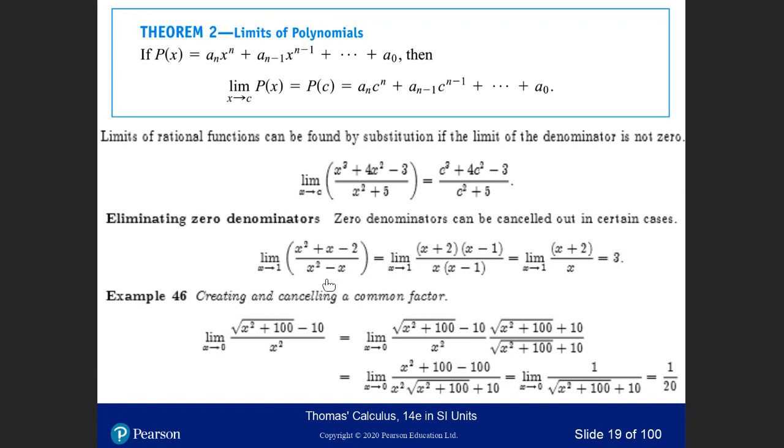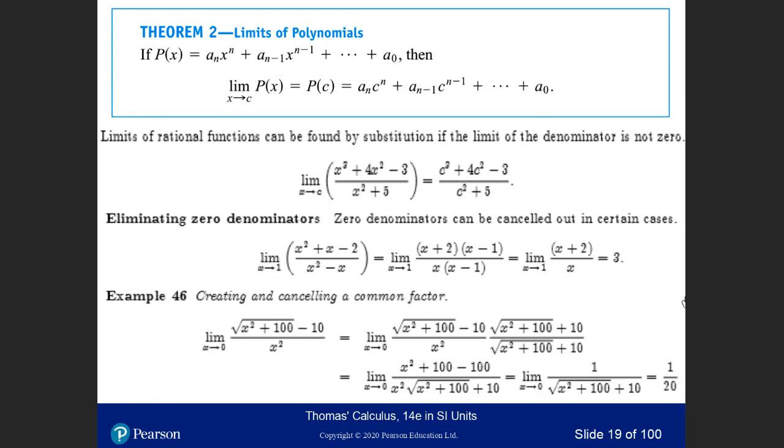Now if you factorize this, you'll get x plus 2 and x minus 1 in the numerator, multiplied by x in the denominator with x minus 1. Now these cancel out if x is not equal to 1. So as x approaches 1, you can find the limit here. That's 3 over 1, which is 3. Okay, so you can try to cancel out the zero denominators.